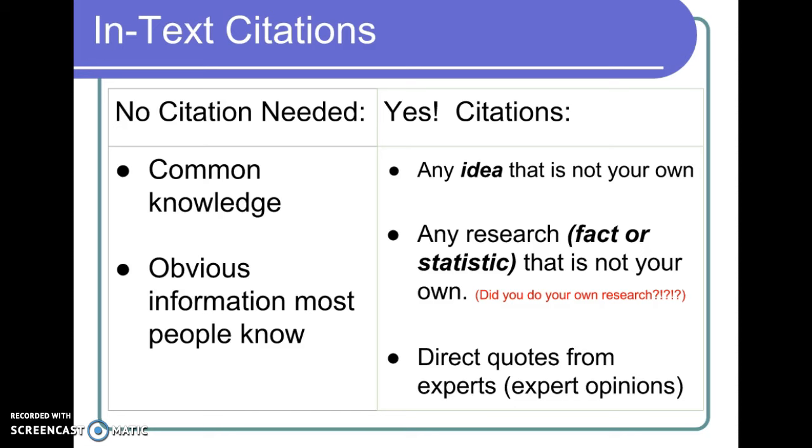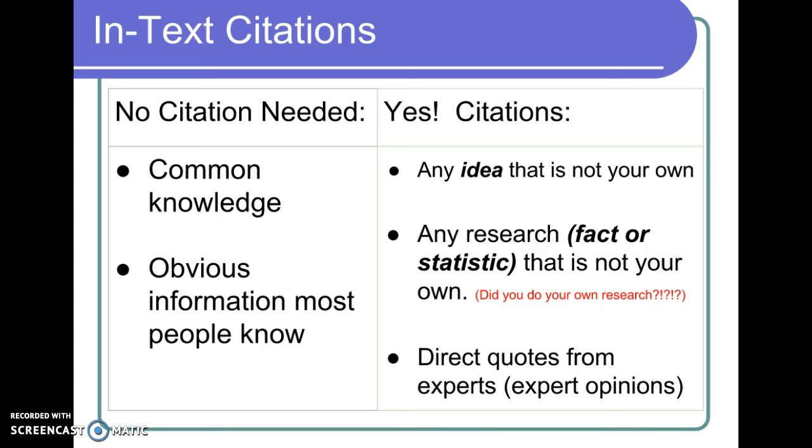But you will need a citation for any idea that is not your own, that belongs to, say, the author whose article you're reading. Any research, fact, or statistic that's not your own, that comes mostly from the articles you're reading, because unless you did your own research, you are using the research of another author published in another article.